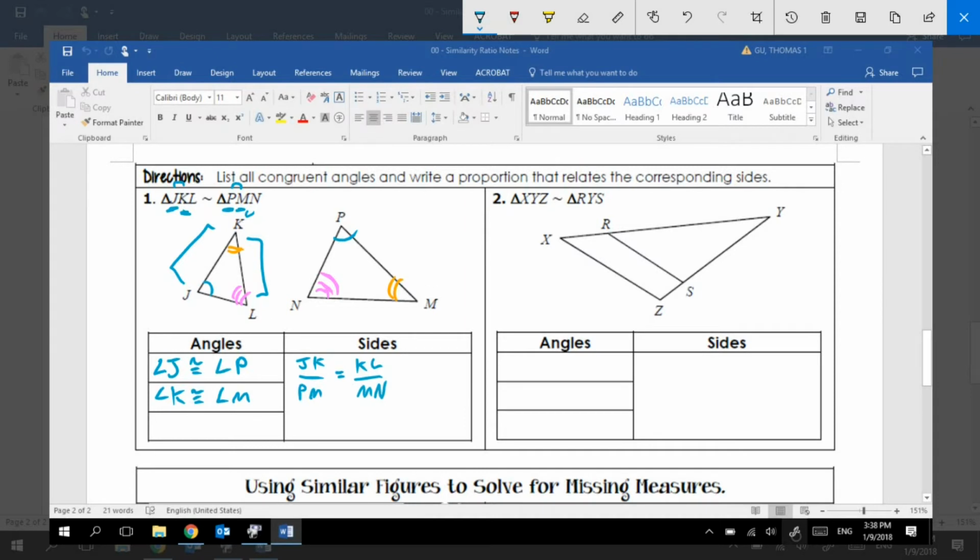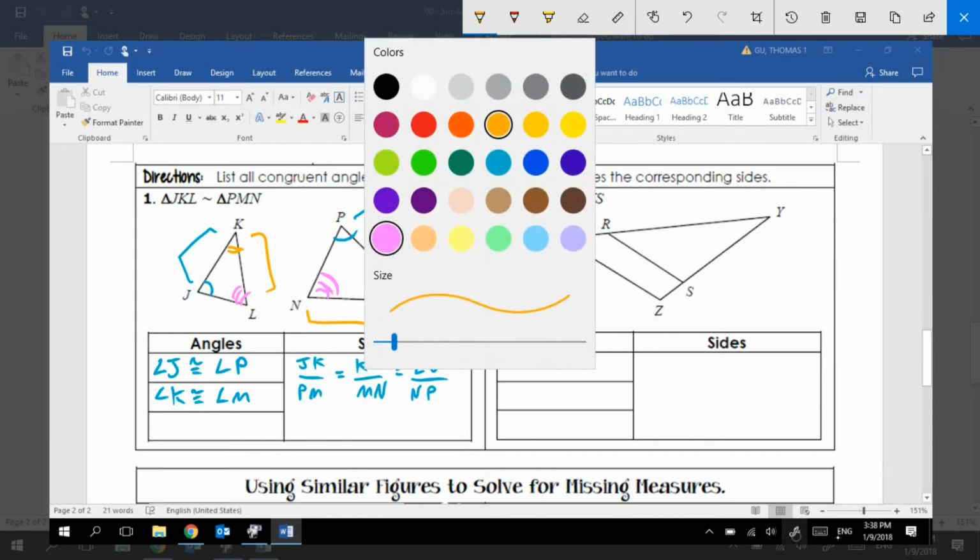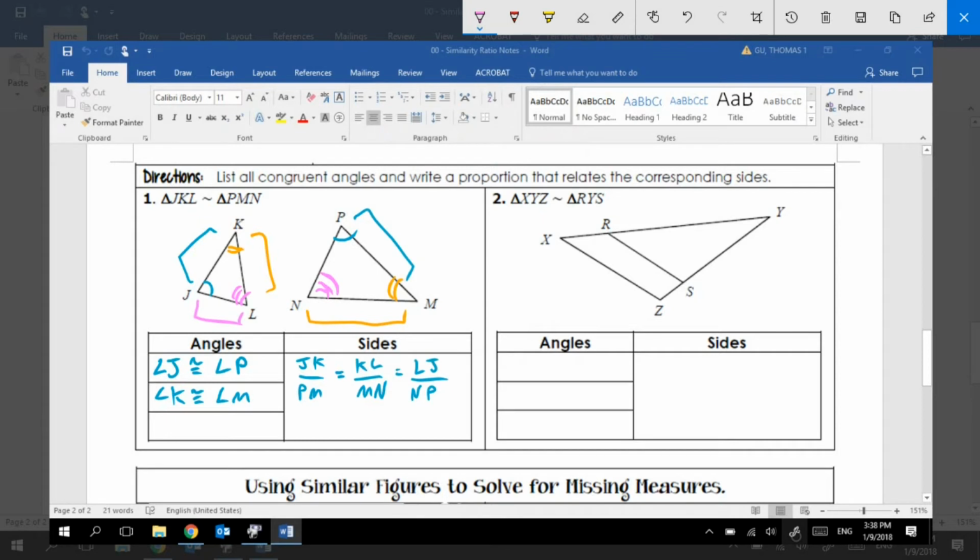Then my last side is LJ, or JL, whatever you want to say, over NP in this case. These ratios will all be the same between these two triangles: JK over PM, KL over MN, and JL over NP. Boom. Those are the similar sides.